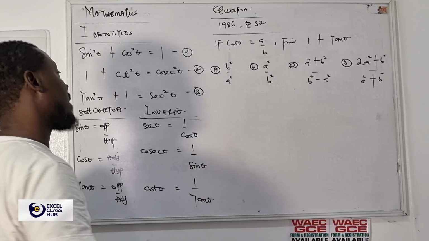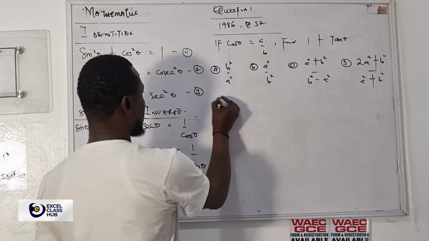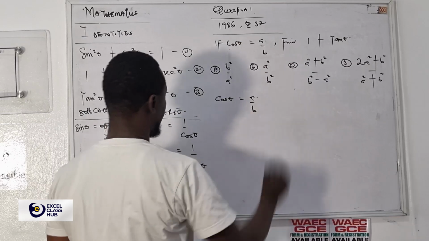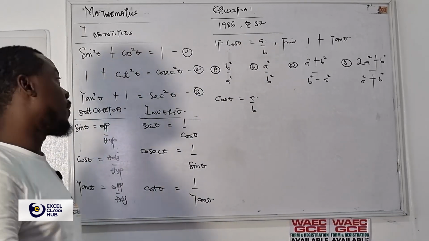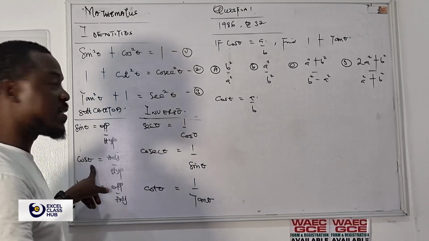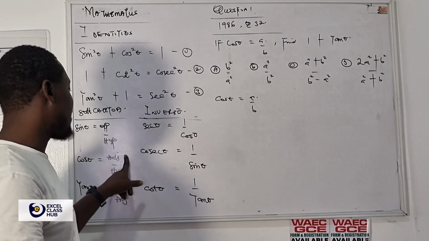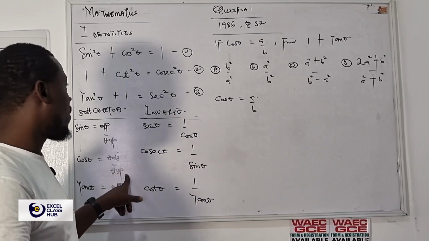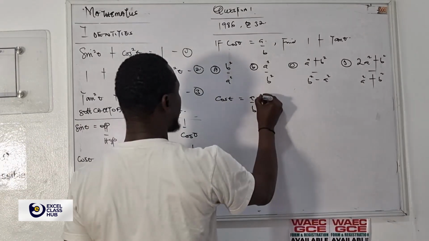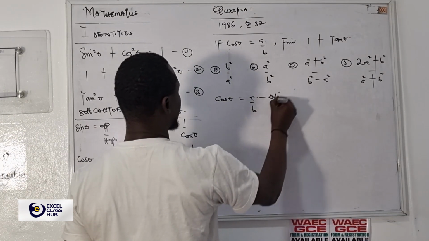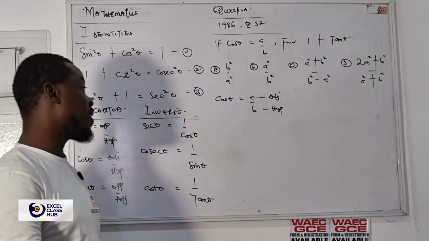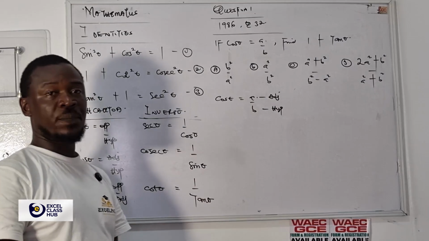But to be on the safer side, for you guys, look, cos θ is A over B. But remember, if you go back to your Pythagoras theorem, we said cos θ is adjacent over hypotenuse. That means this A is my adjacent and this B is my hypotenuse. I don't know my opposite.